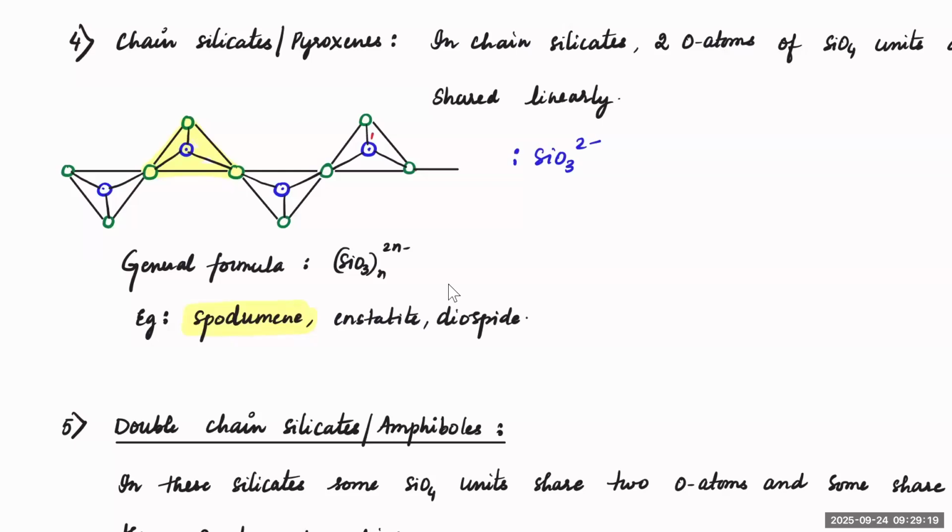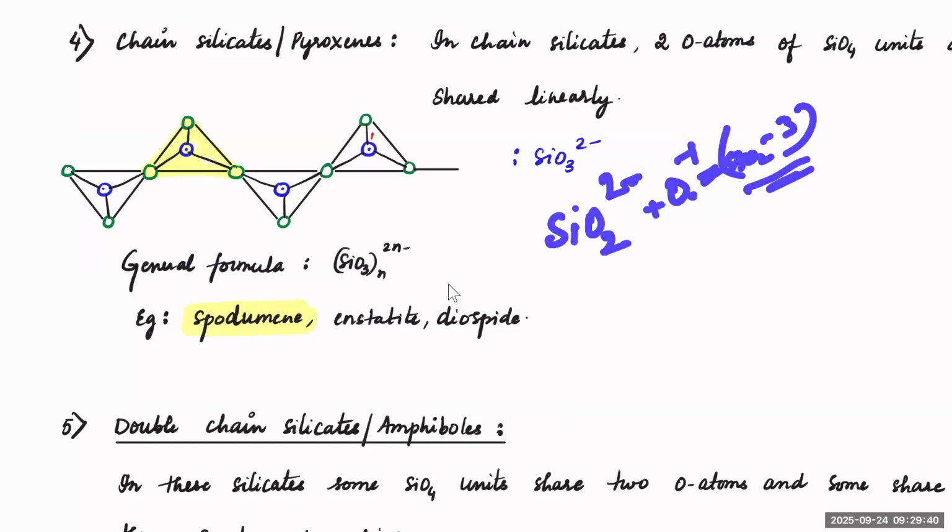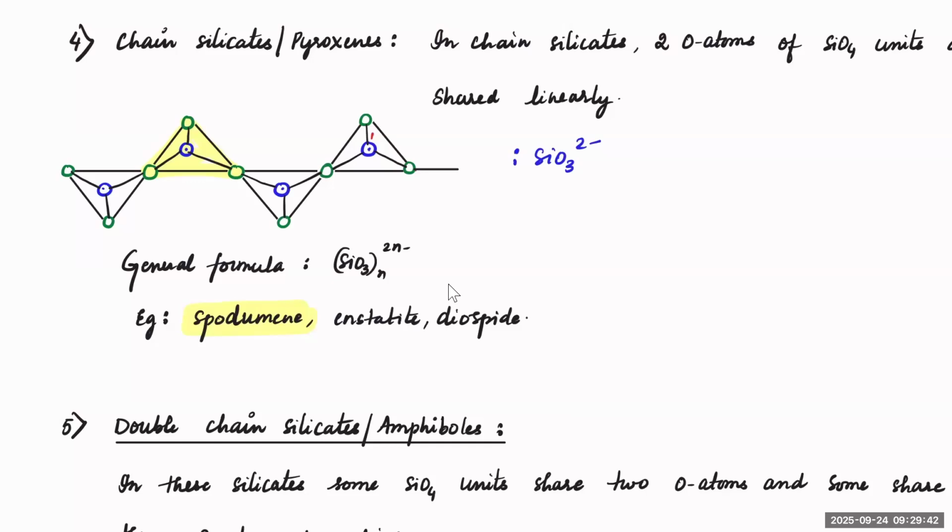So if I take any one silicon as a reference, out of four, two are unshared. So it will have SiO2 with 2 minus, which is unshared, plus O3 which is shared. So SiO3 2 minus is what you will get.